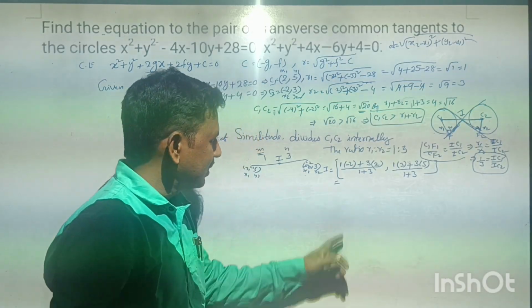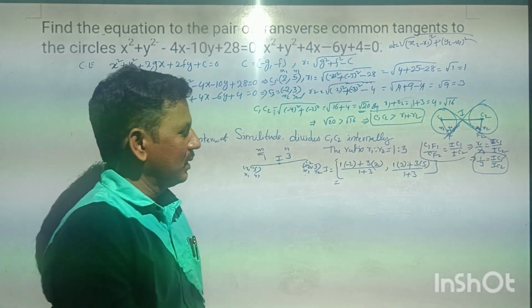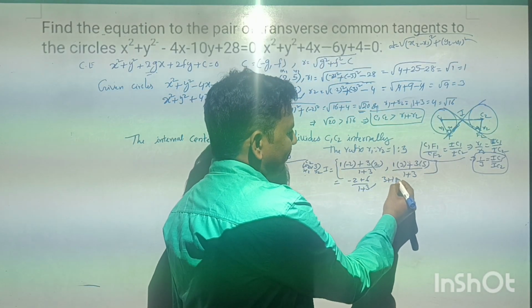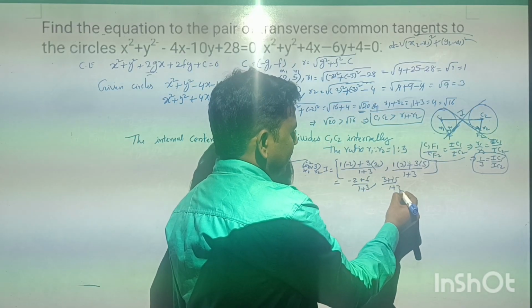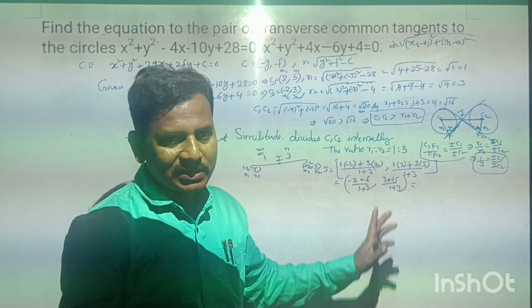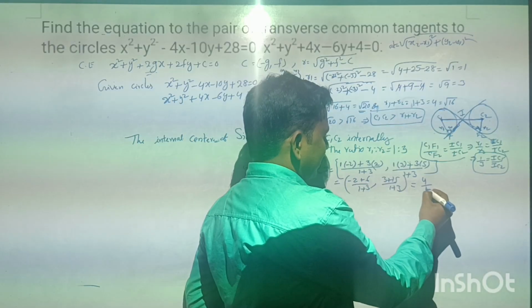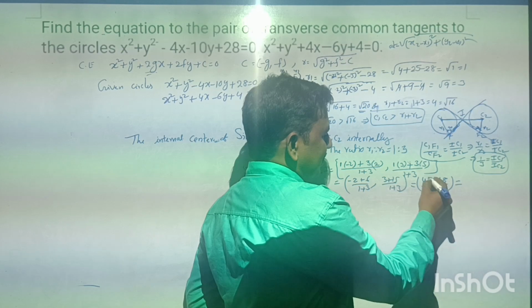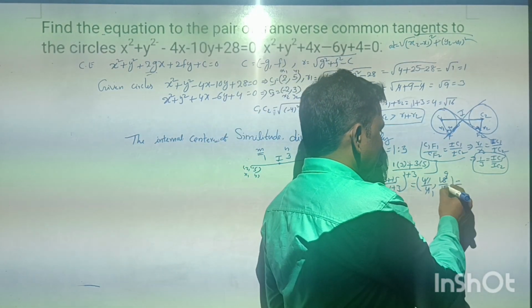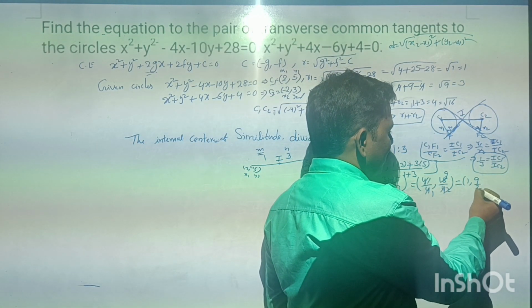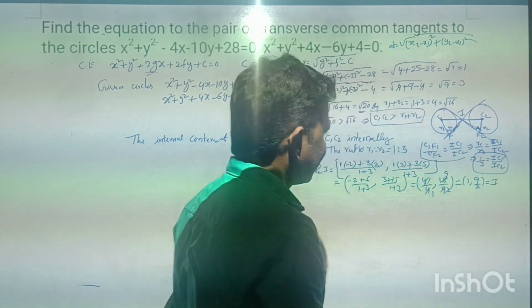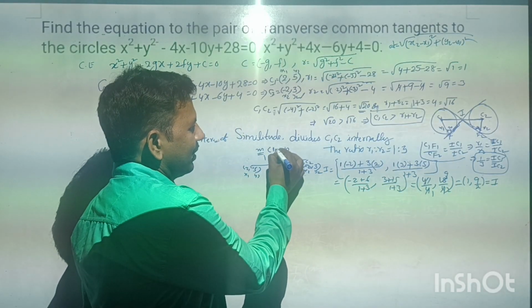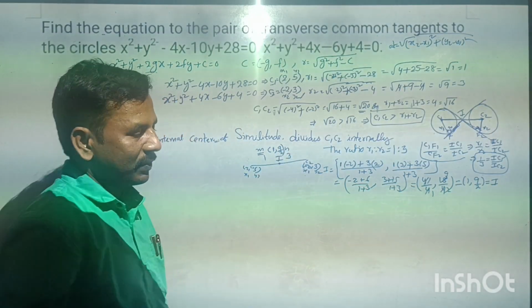Now simplify: (-2 + 6) by 4, and (3 + 15) by 4, so 4 by 4 and 18 by 4, which is 9 by 2. So the internal center I equals (1, 9/2).